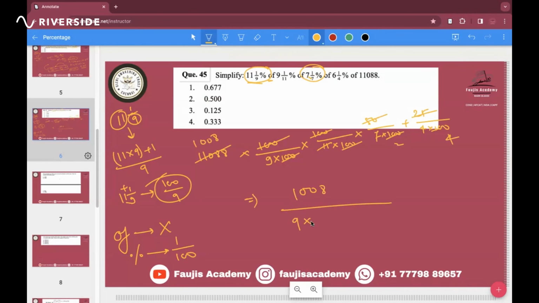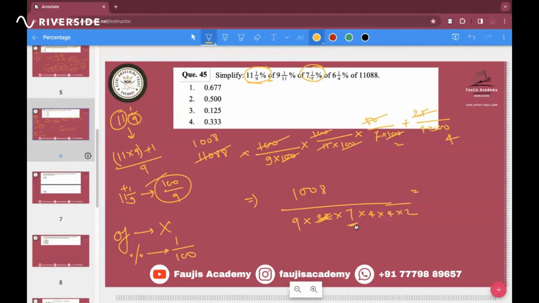What else is in the denominator? 4 into 4, 16, 32. 32 into 7. Or instead of writing 32, let's write 4 into 4 into 2. Tell me what is the answer, guys?